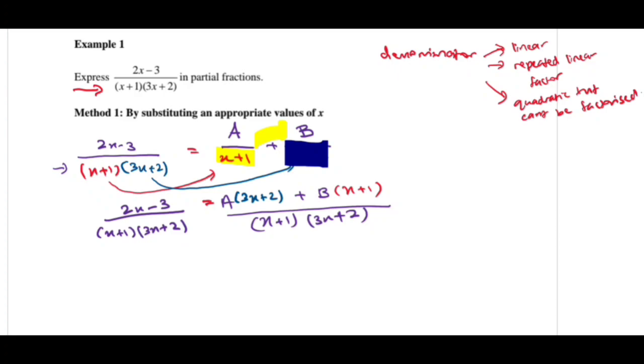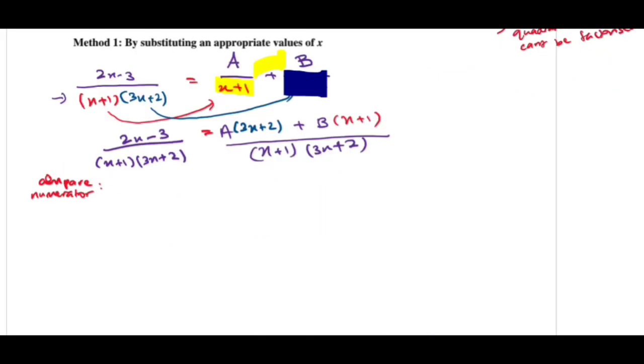Now, the denominators for the left-hand side and right-hand side are equal. So what we can do next is compare the numerators, ignoring the denominator part, like this.